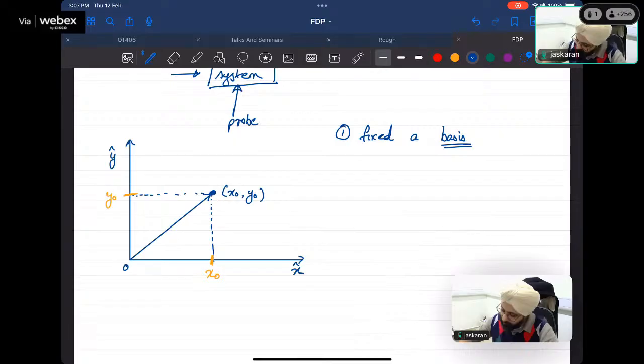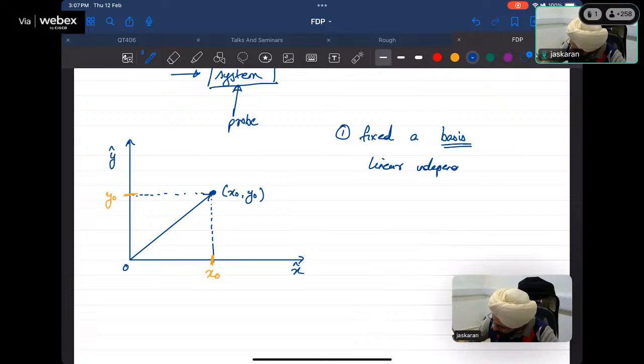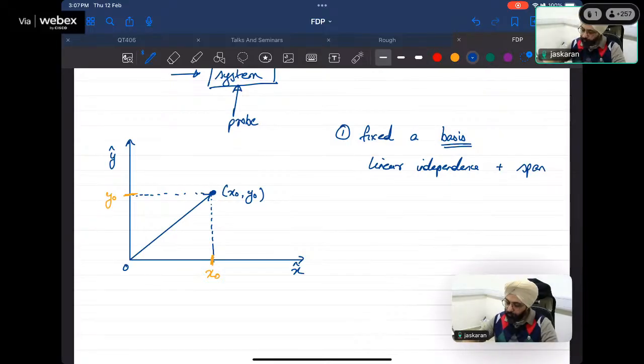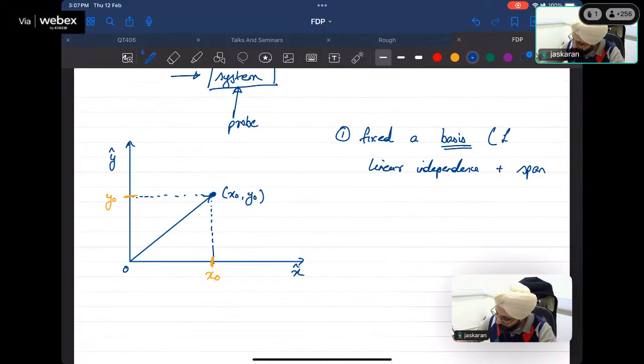Essentially, a basis is defined by linear independence plus span. All the vectors in my basis set should be linearly independent, and moreover, they should span the entire vector space. I will not go into too much detail; people who are interested can look at linear algebra for that part.